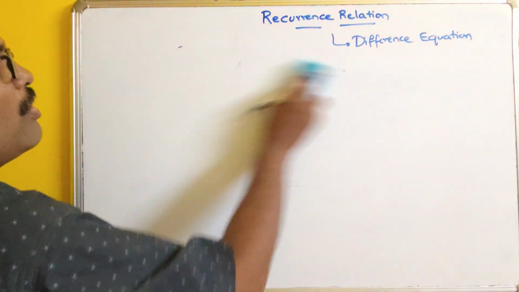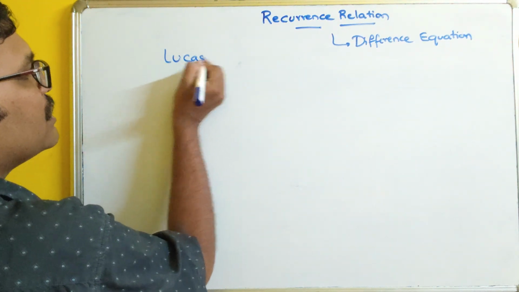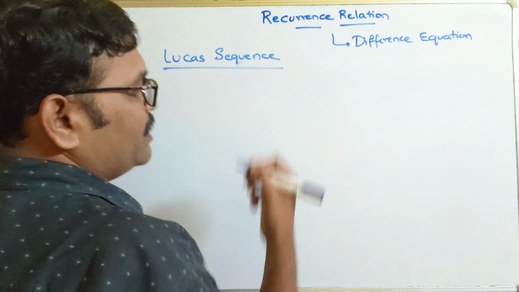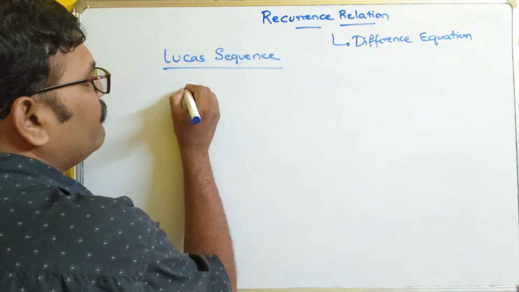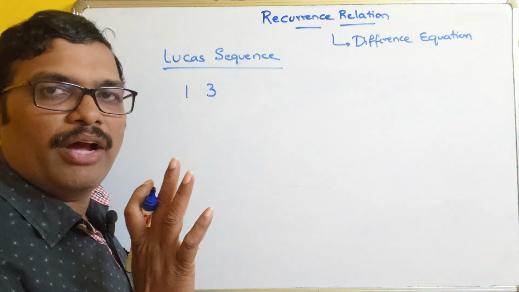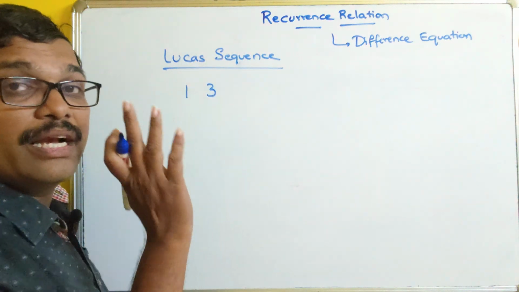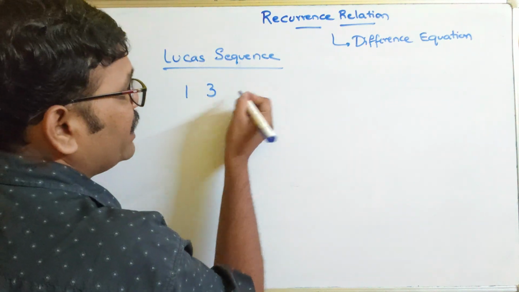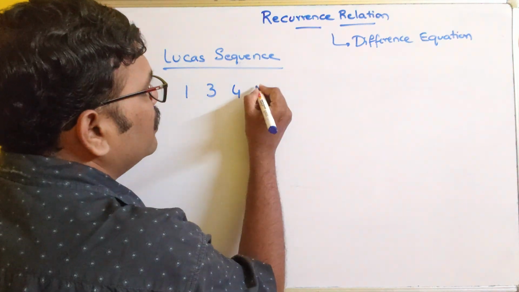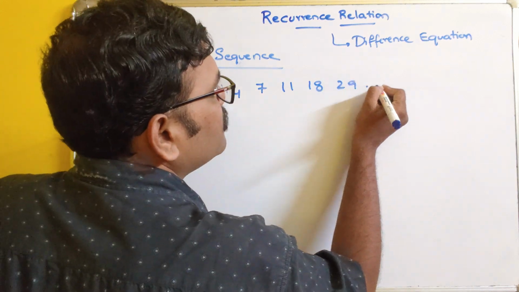So this is an example for recurrence relation, and one more example is the Lucas sequence or Lucas problem. So what is this Lucas sequence? It will start with 1 and 3, and the same function which we applied in the Fibonacci is applied for the Lucas also, but the initial values are different here, 1 and 3. The next term will be the addition of the previous two terms: 4, 7, 11, 18, 29, and so on.